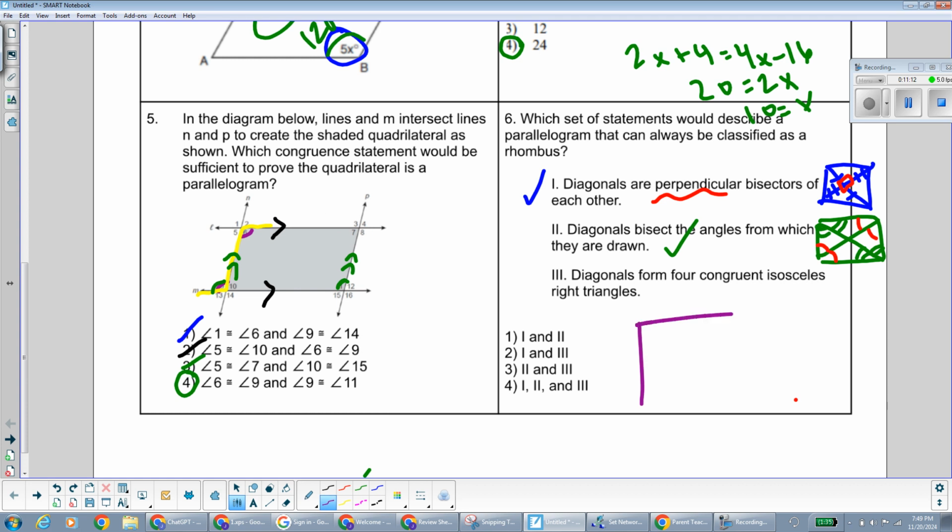Since rectangles have corner right angles, diagonals form right triangles as well.